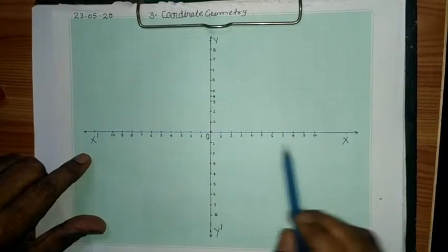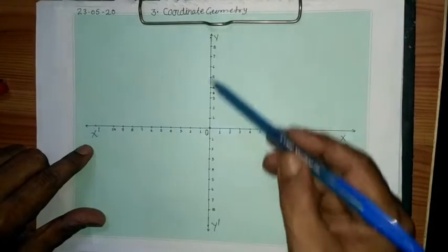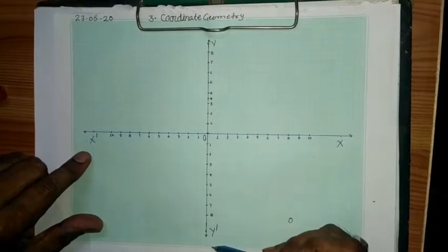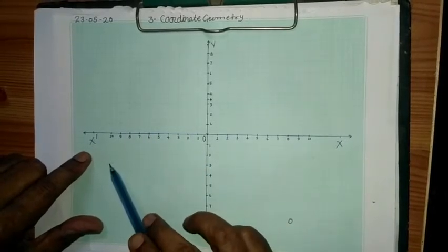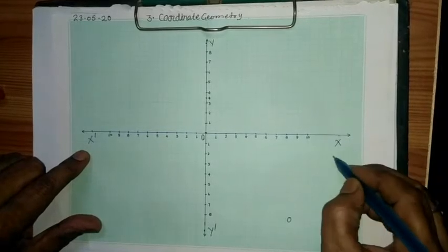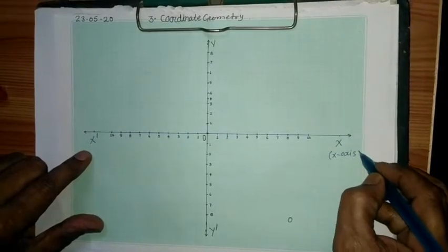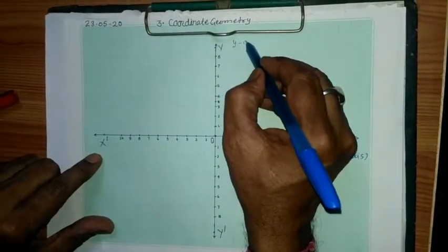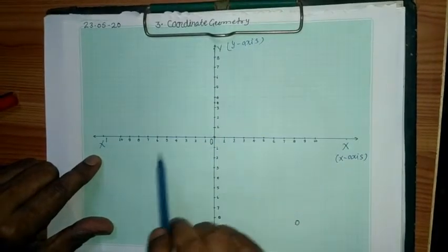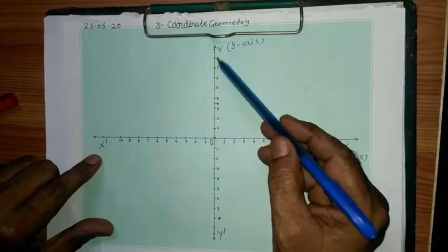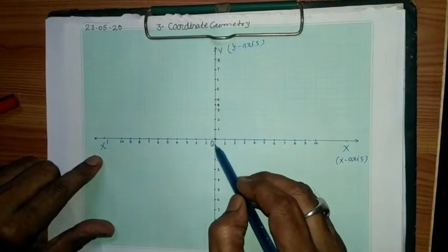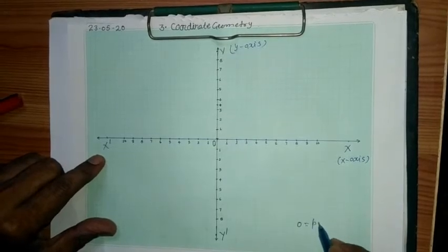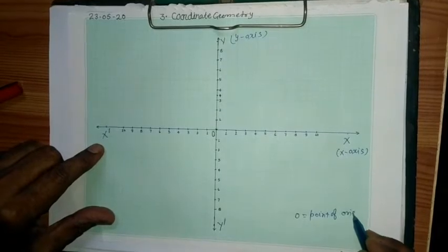The horizontal line XOX' and the vertical line YOY' are two lines, in which XOX' is called the x-axis and YOY' is called the y-axis. The point where the horizontal and vertical lines intersect, denoted by O, is called the origin, the point of origin.